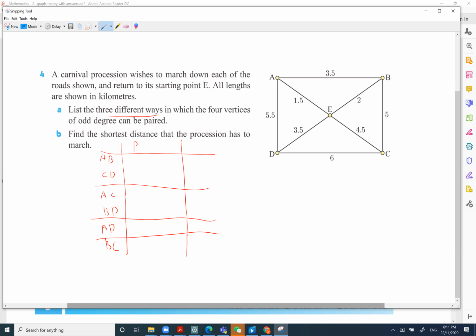We need the shortest path. All the weights could be distance. A to B, you can travel this way or this way. Both give you 3.5, so you can travel any way.